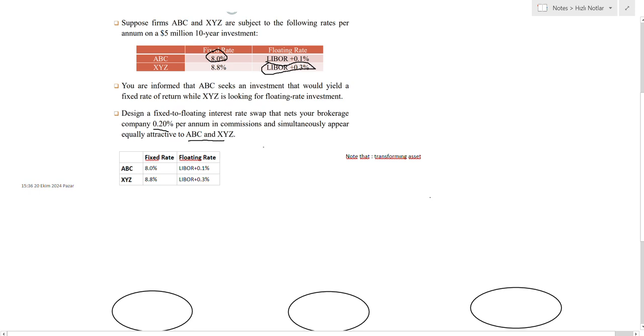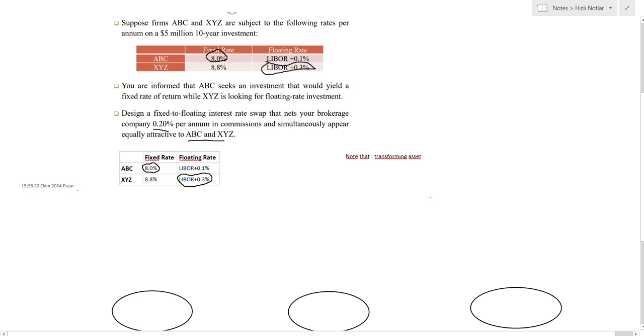Okay, so to design a swap, there are some steps that we will follow for this question, and if you are in the midterm and the final exam, please follow these steps, then you will be comfortable during the exam. So first of all, let's circle what the company is actually targeting for their investment.